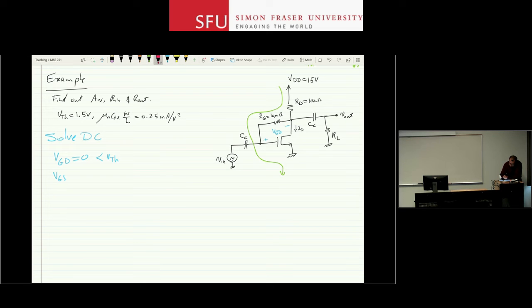If I write my KVL, VDD is equal to IDRD, so this voltage, plus the voltage drop across RG, plus IGRG, plus the voltage drop here, VGS. And knowing that IG is 0, this is already 0. Assuming active means that the voltage current relationship is given by this expression.